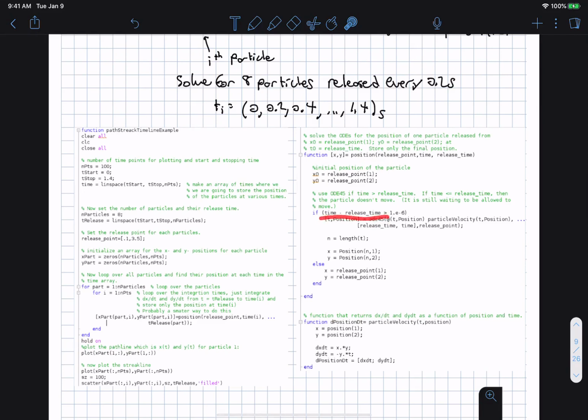A little caveat is that if the time is less than the release time, then we don't move the particle. Then we need to define the right-hand side, and this is just dx/dt, which is x times y, and dy/dt, which is minus y times time, exactly how I have it defined above.